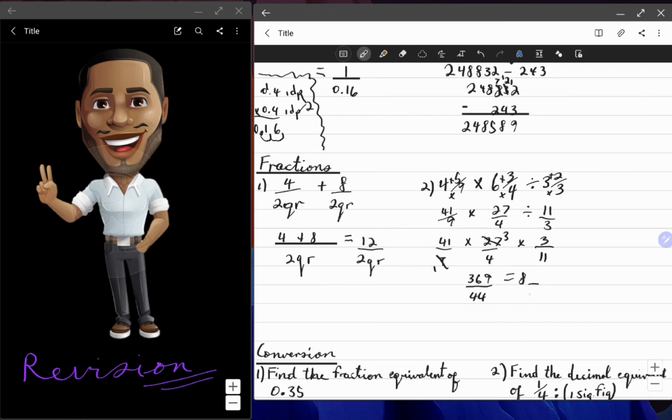So now we need to find out our remainder. So then when we check our remainder, we should get 17, which will be placed as our numerator, and that is our final answer. 8 then 17 over 44.